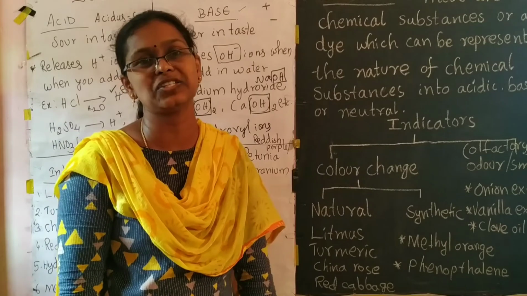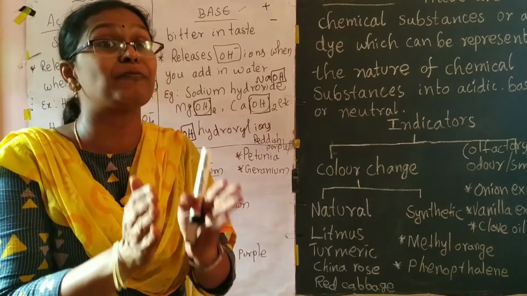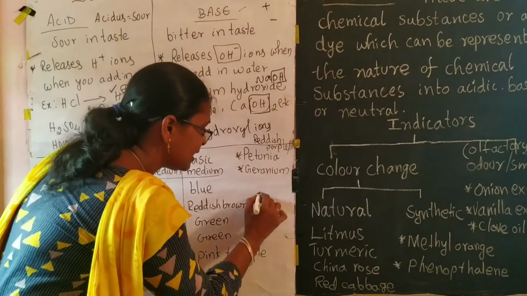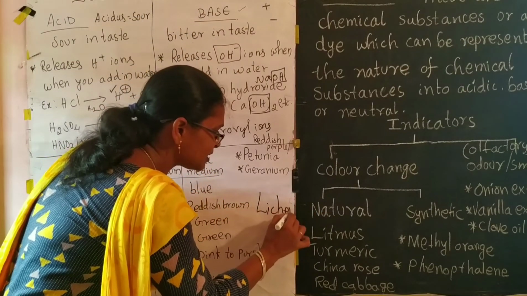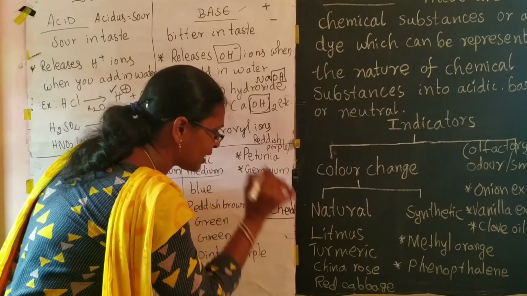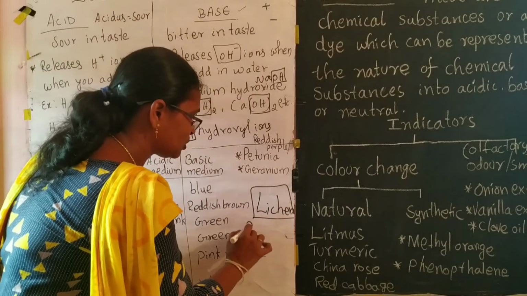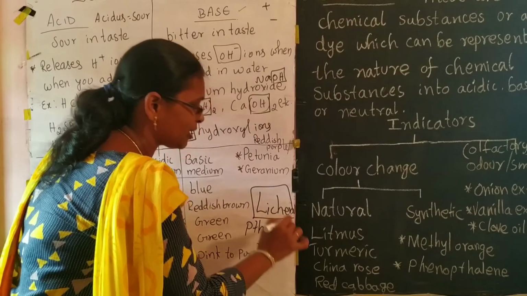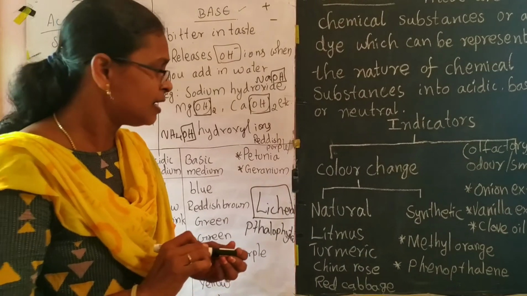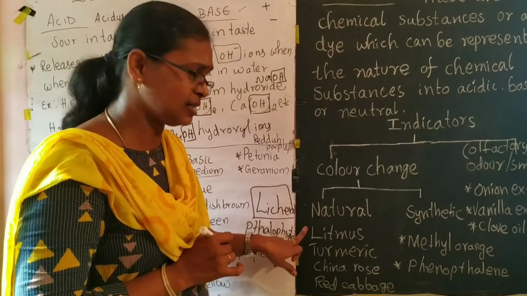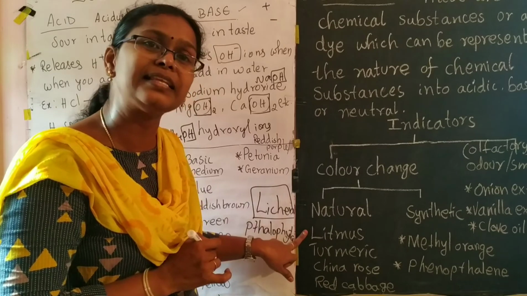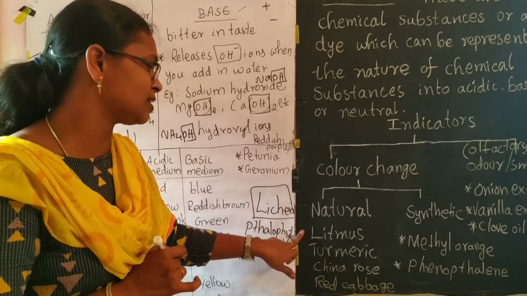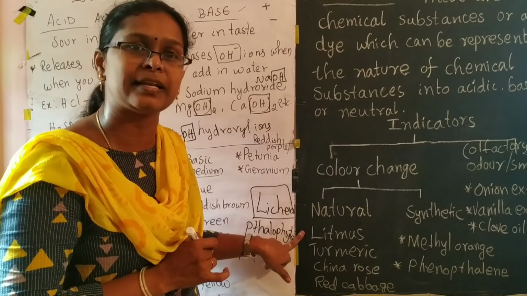The litmus reagent comes from a type of plant called lichen, which belongs to the Thallophyta family of plants. They take the lichen plant and put it in hot water, and it gives a purple colored solution.